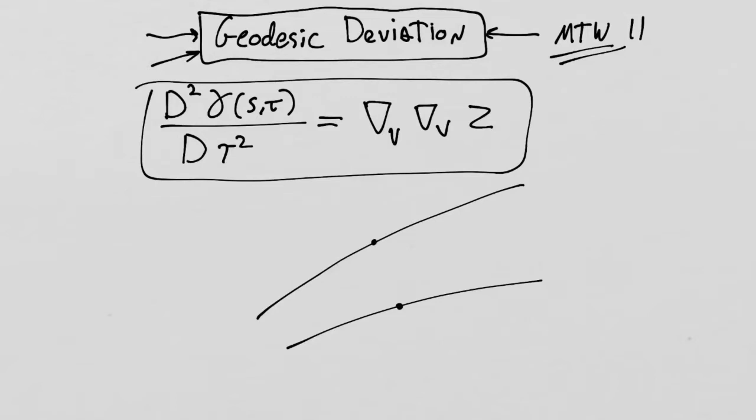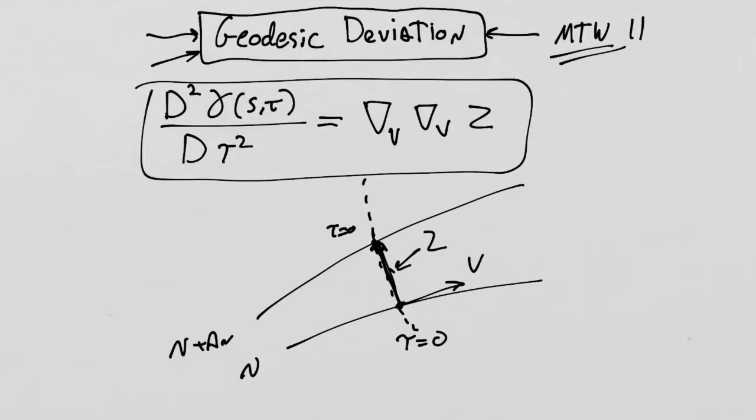So if I connect two points of, say, tau equals 0, both of those are tau equals 0 along geodesic, say, n, and geodesic n plus delta n. The curve that connects all of those geodesics goes through here, and if they're close enough, we can connect them with a little vector that we pretend lives in the underlying space. Then, of course, this vector field here is the v vector field, and this vector field here is the z vector field, just to remind ourselves of some of the definitions.